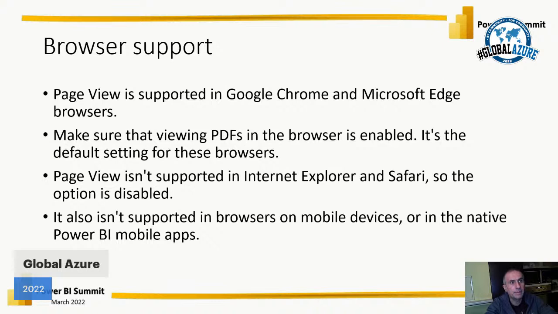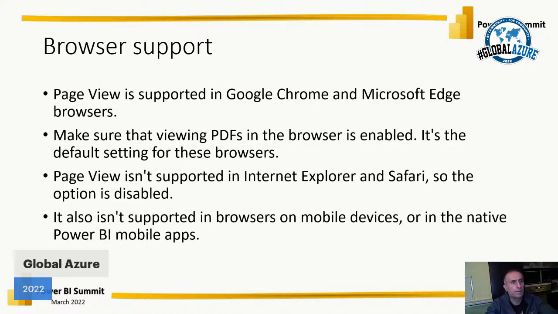Another important thing is related to browser support. Nowadays, Google Chrome and Microsoft Edge support page view, and if you are opening the Power BI service using these browsers, you will have the best user experience. If you have page view, you also need to have viewing PDF in the browser enabled, which is the default for most browsers.